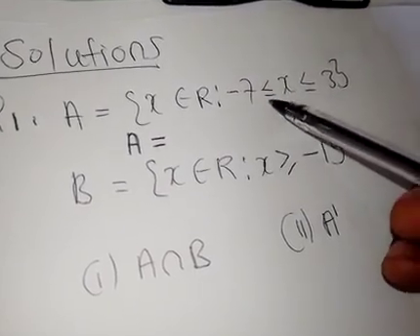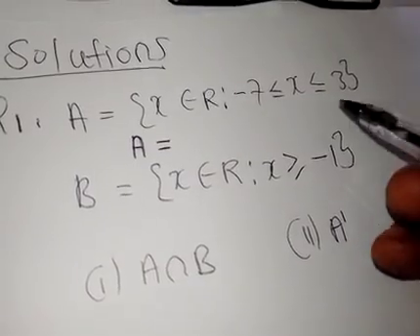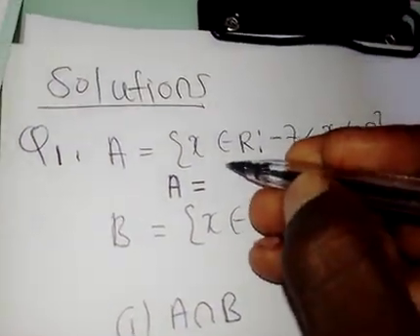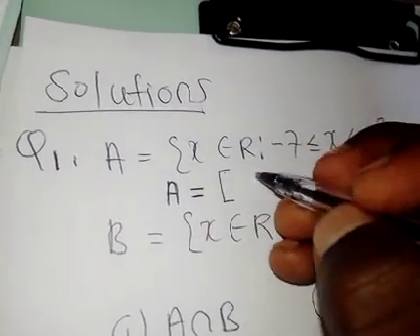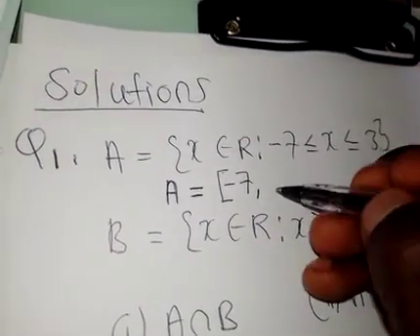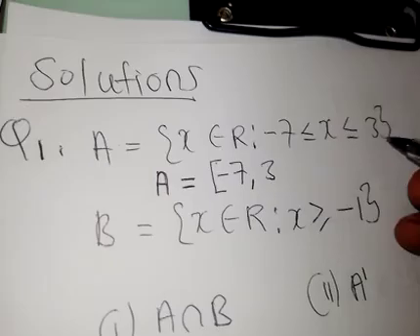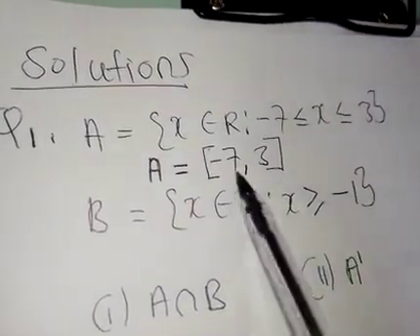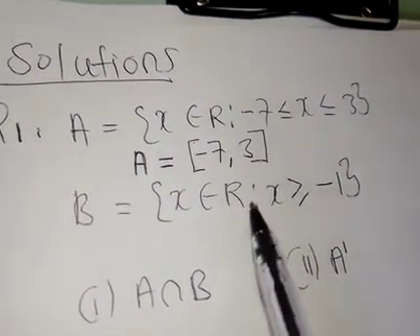As you can see, we have used less than or equal to, less than or equal to. Then this simply means we're using square brackets. So negative 7 comma what? 3. The first element being negative 7, last being 3. So that is A using square brackets.